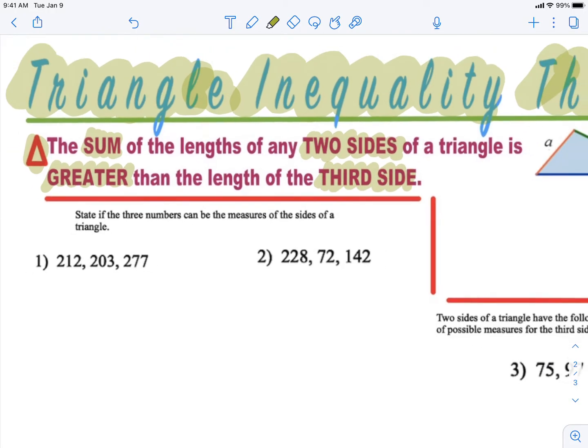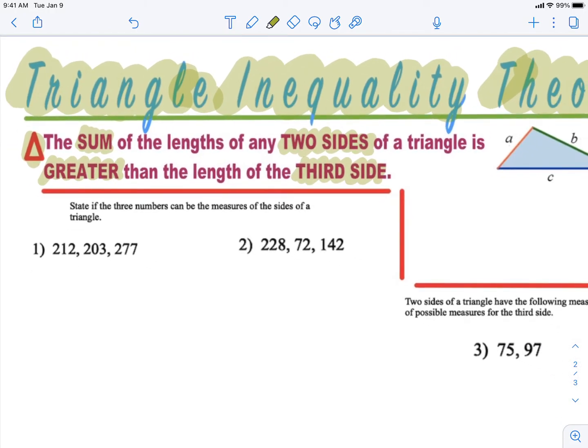What does that mean? That means that when you add any two sides of a triangle, that number has to be bigger than the third side of the triangle.